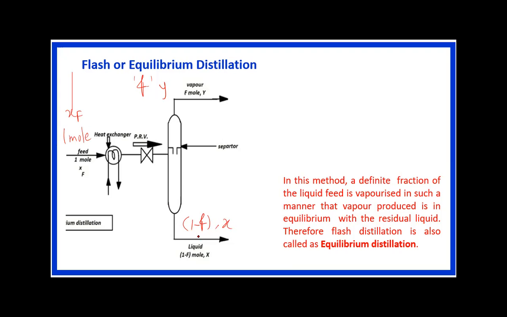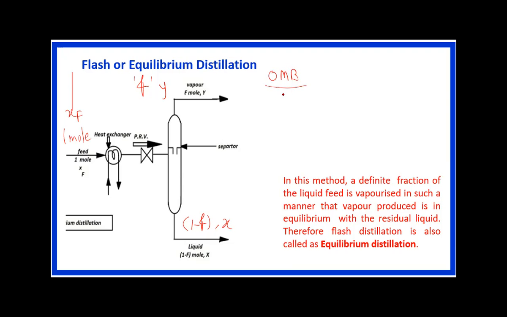So x indicates the mole fraction of more volatile component in liquid phase, that may be in the residual liquid or that may be in the feed, and the mole fraction of MVC in vapor phase is indicated by small y.